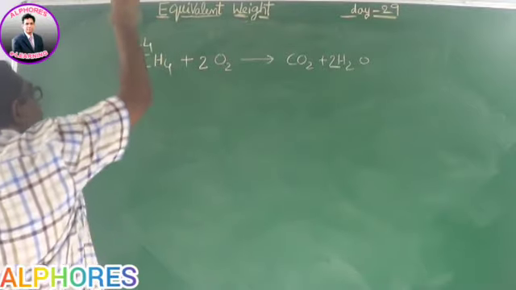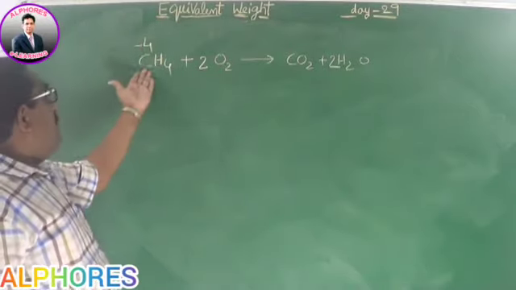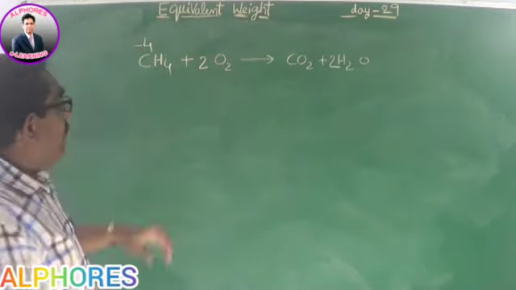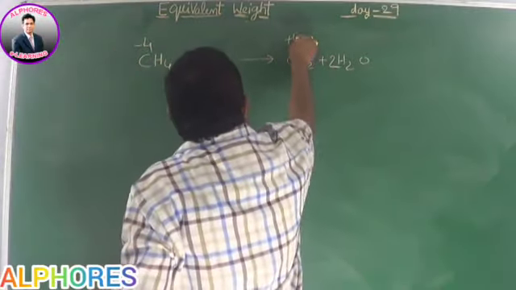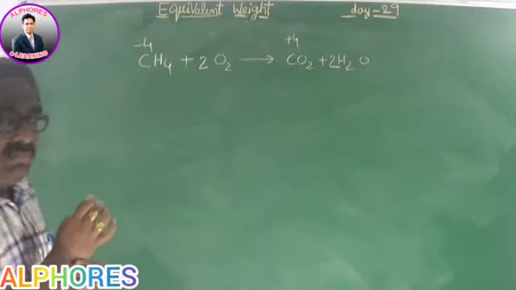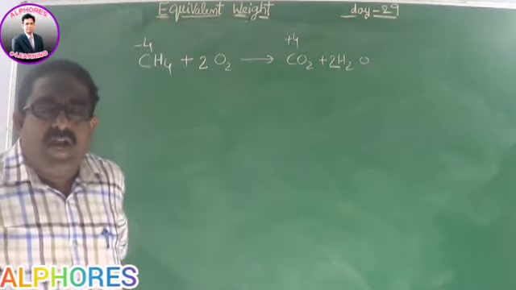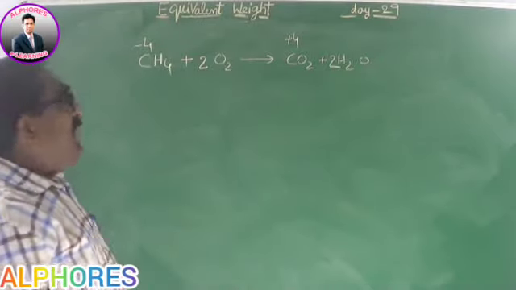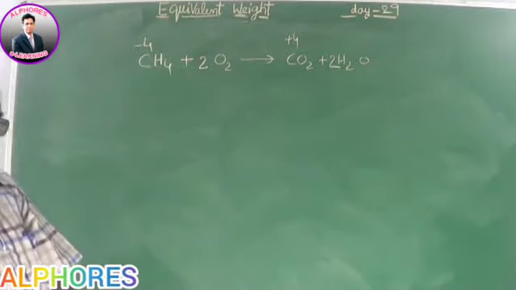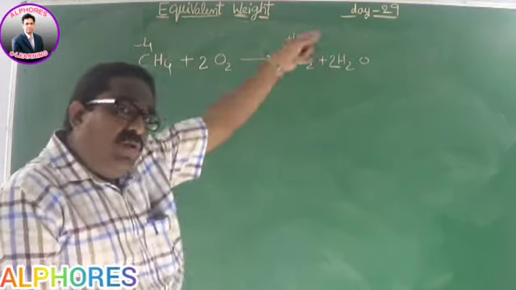Here carbon oxidation state is -4 because it is non-metal, hydrogen always +1. Here it is +4. So in the combustion reaction of methane, the oxidation state of carbon is changing from -4 to +4.